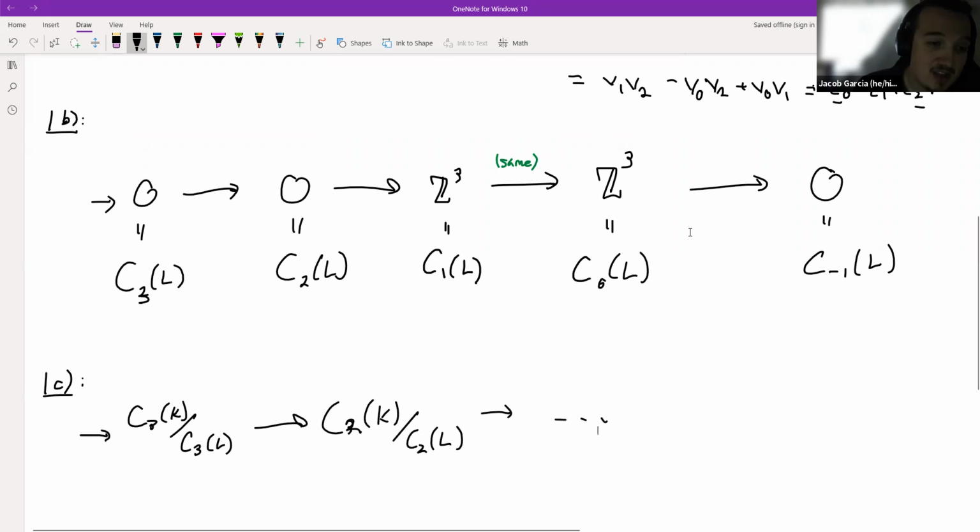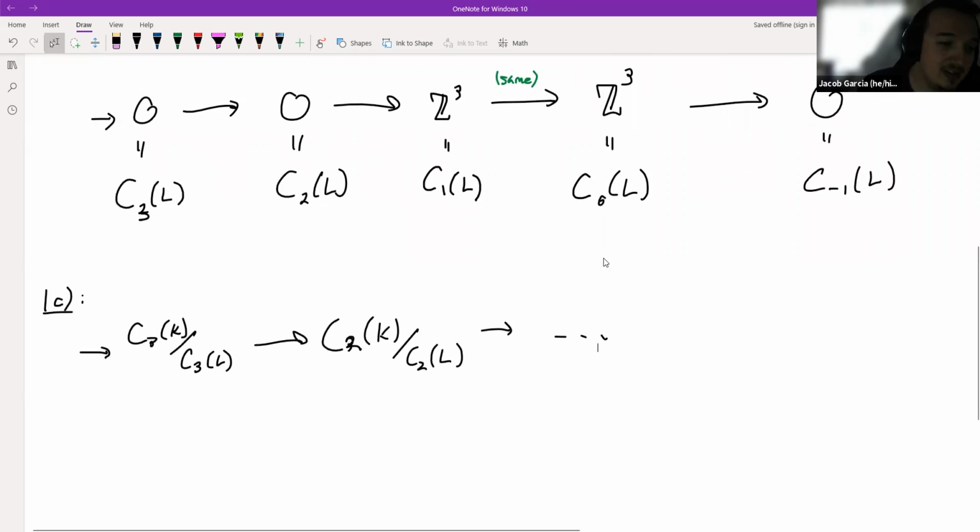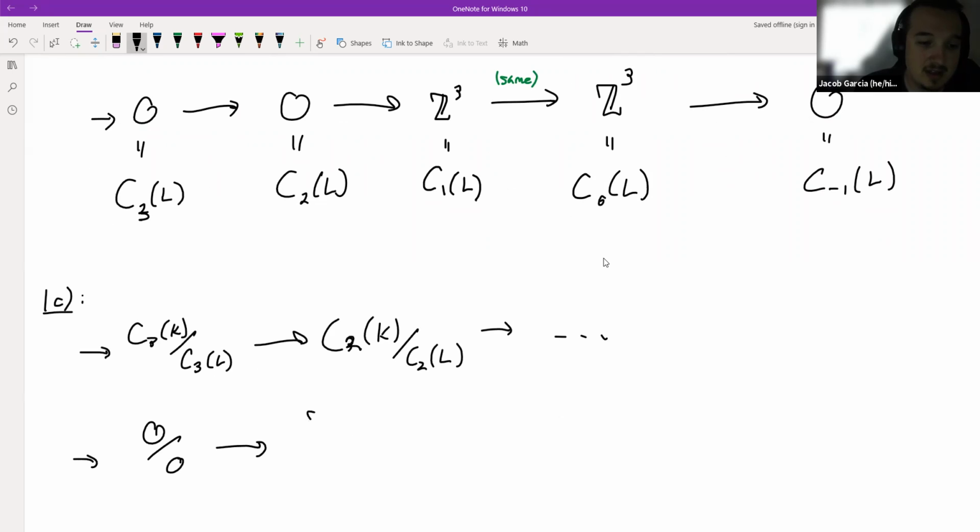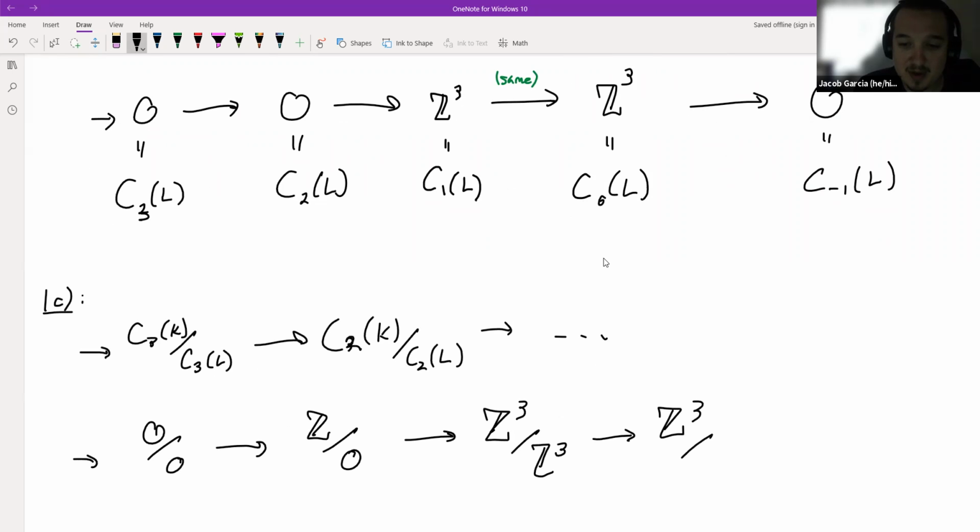And this continues. So just filling in from above, I have 0 mod 0. Then I have Z mod 0. Then I have Z3 mod Z3. Z3 mod Z3. And then I have 0 mod 0 again down here.